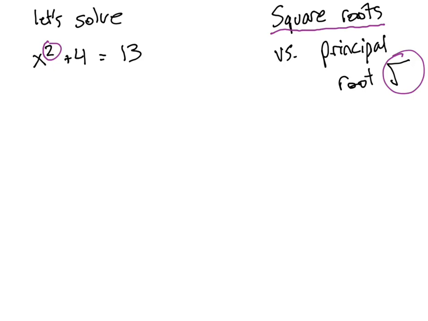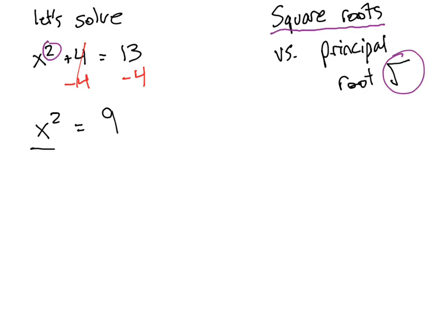So let's solve this quadratic equation and see what we get. We can use the inverse operation, subtracting 4 from both sides of this equation to cancel out that plus 4, and that gives us x squared equals 9.